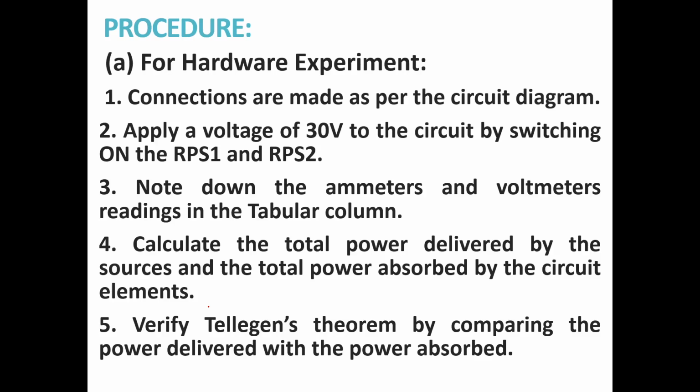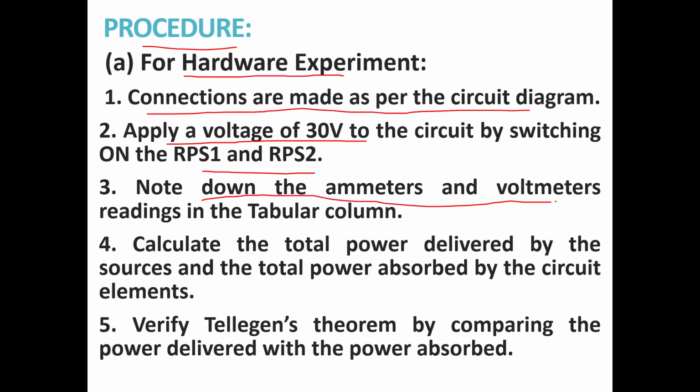Now, after writing theory, let us see the procedure, how to do the experiment. For the hardware experiment, connections are made as per the circuit diagram. We have to apply a voltage of 30 volts using regulated power supply 1 and 2. We note down the ammeter and voltmeter readings in the tabular columns.